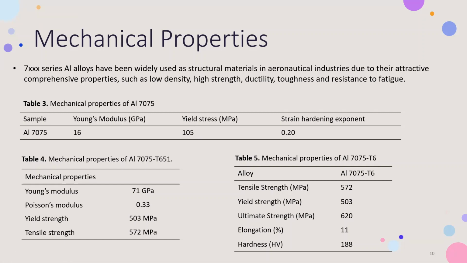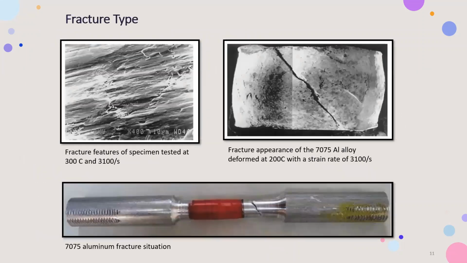And also I want to include that the average elongation percentage of a ductile material is just 5%, so ours is 11%. And finally, we can talk about the fracture type of aluminum 7075.